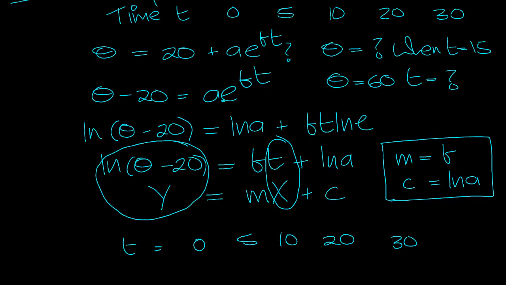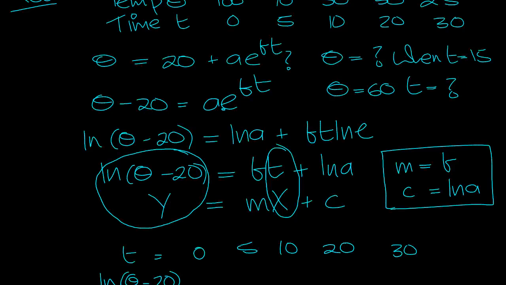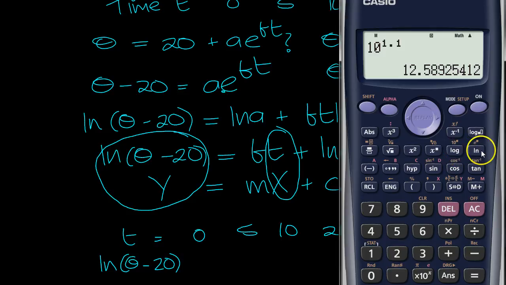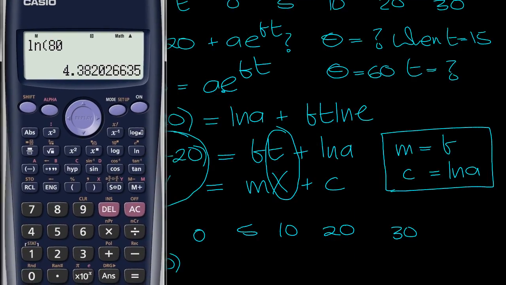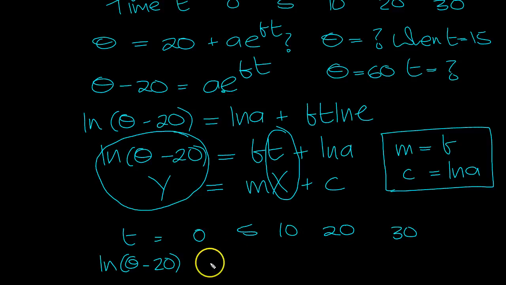And then we've got theta, haven't we? And we need ln(theta minus 20). When t is 0, we've got 100. 100 minus 20 is 80, so it's the natural logarithm of 80, which equals 4.38. So I'll put that down then. 4.38.